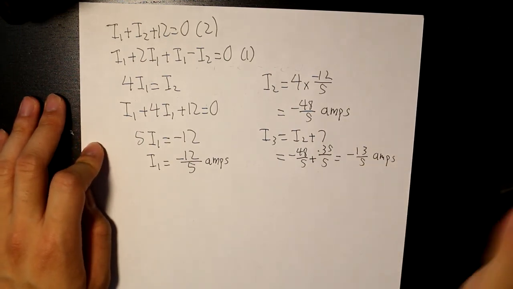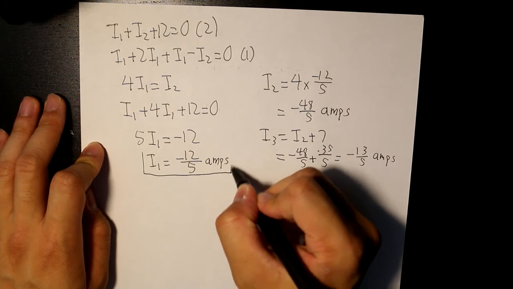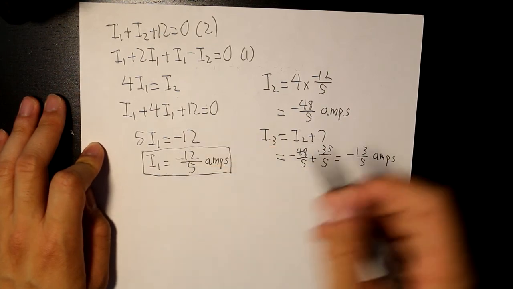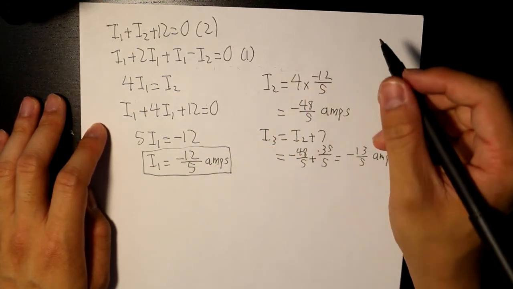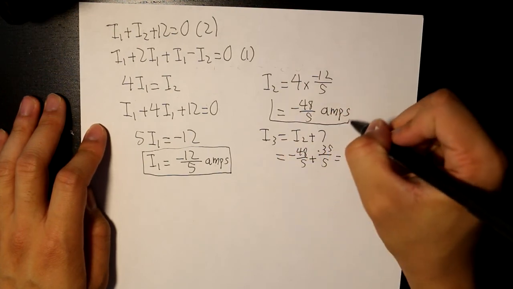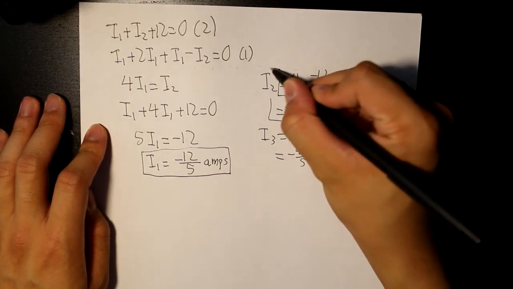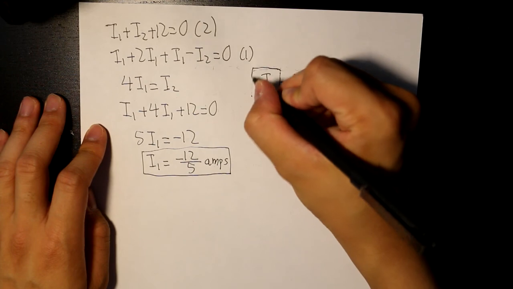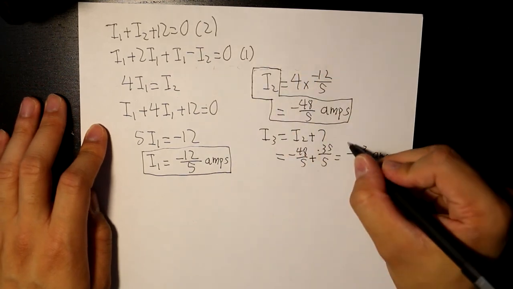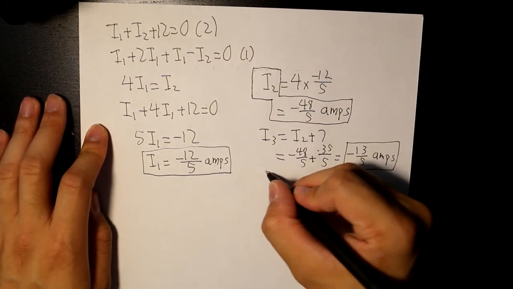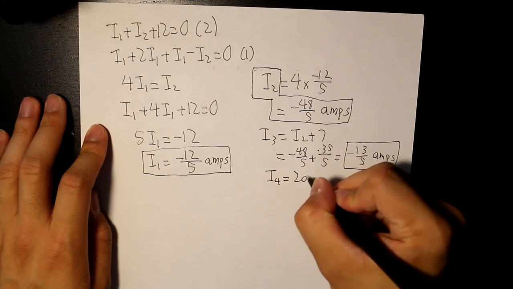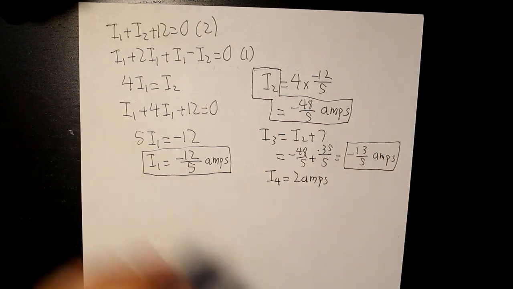And there we go. We are given all of our values for each mesh current. And we did that by using Supermesh. I hope you guys enjoyed this video.